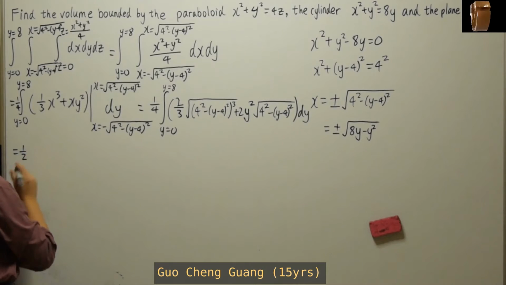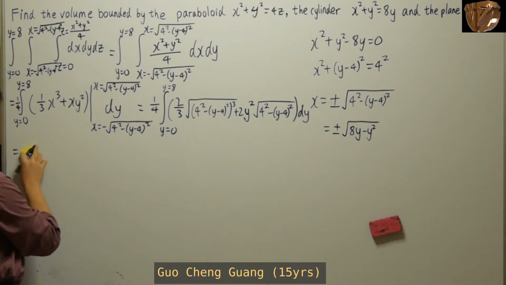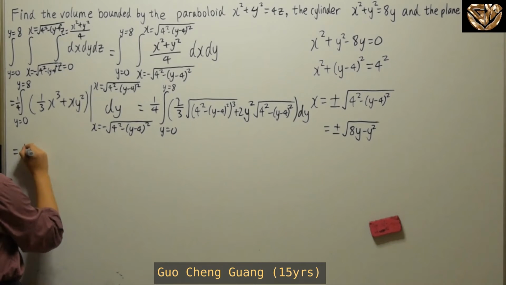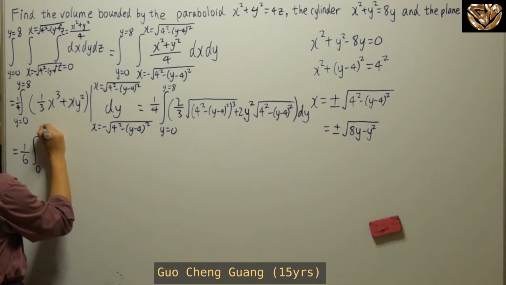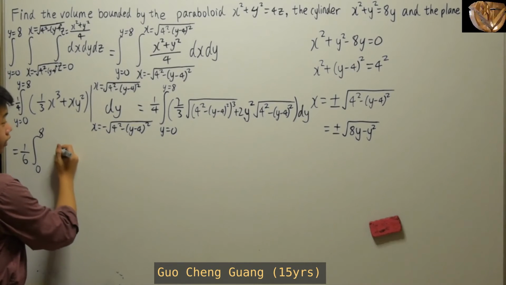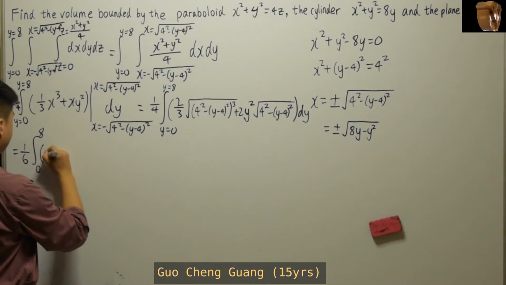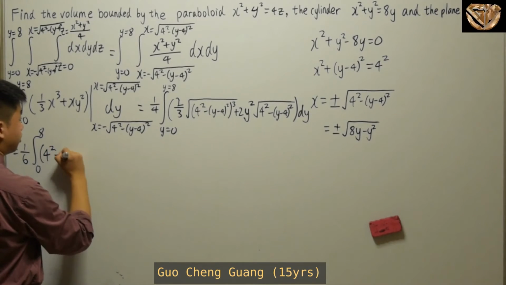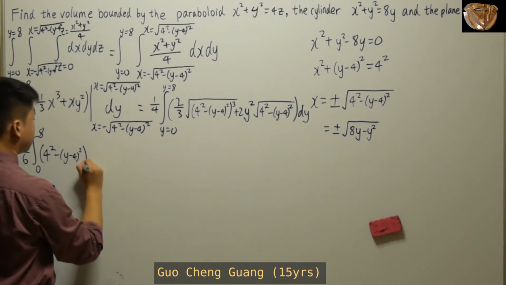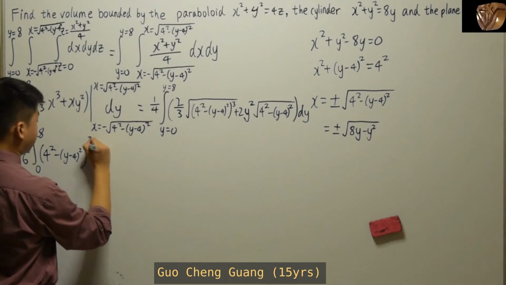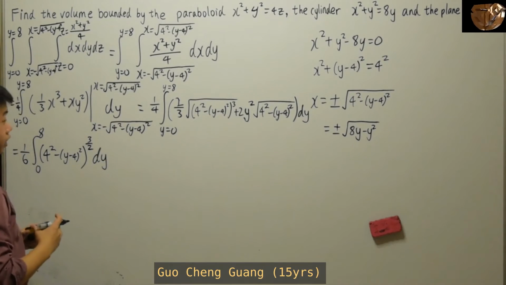So we're going to have a half, or you can also separate them into 2 separate integrations. Instead, you're going to have 1 over 6 for the first term, integrate from 0 to 8, of 4 squared minus (y minus 4) squared, to the power of 3 over 2, and then dy.